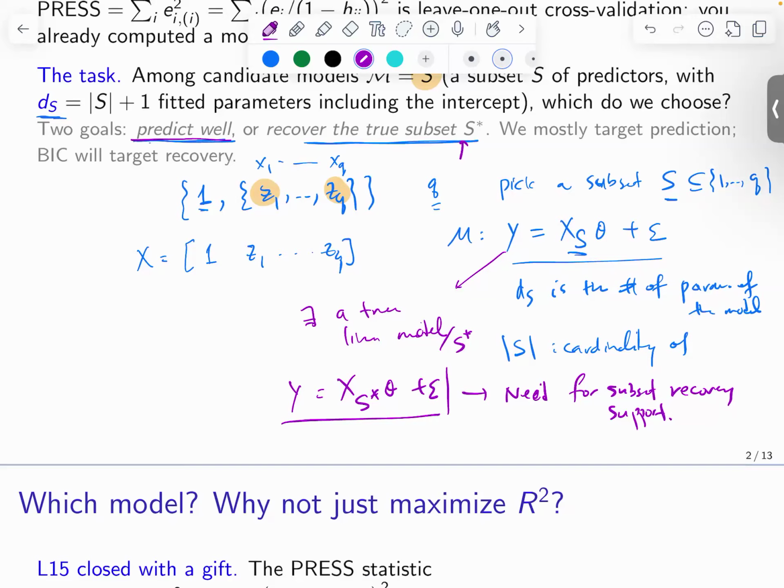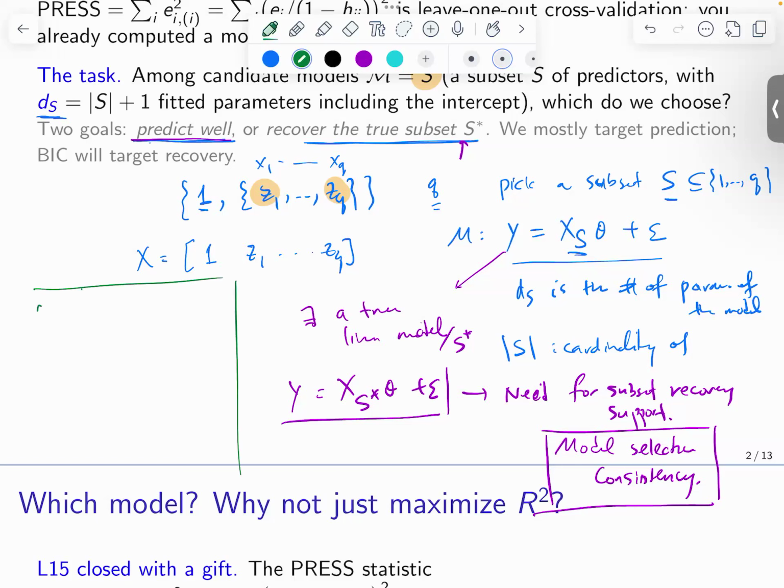Or consistency, sometimes called model selection consistency. Consistency means you recover the true model. This is better, more general. So you need some model like this for subset recovery.